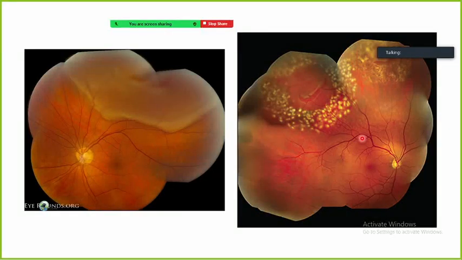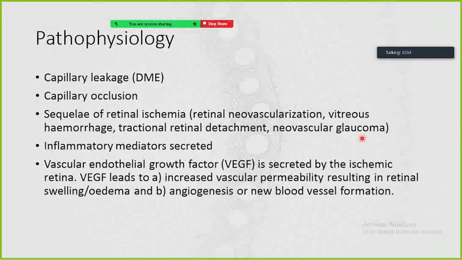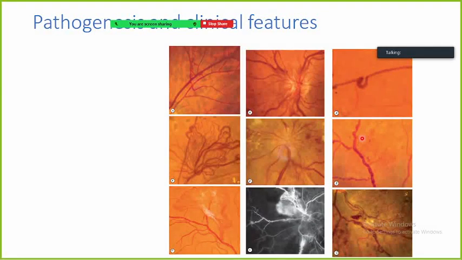So it can give rise to new vessel formation. So you can see loss of small blood vessels which are not normal, and fronds of vessels which are due to new vessel formation due to ischemic factors.